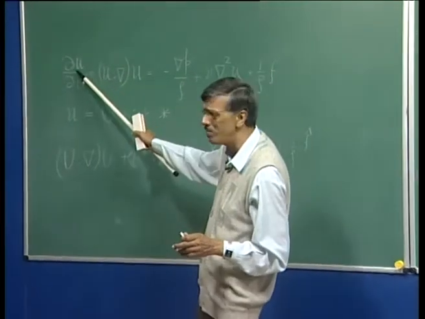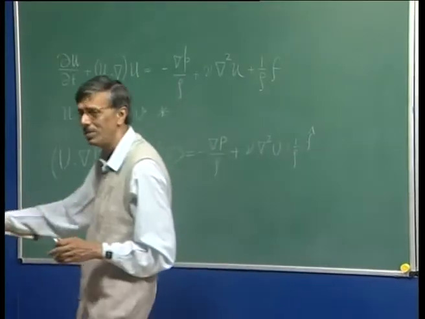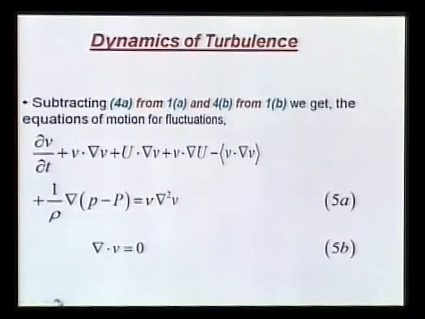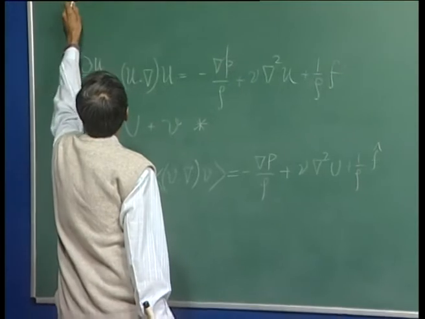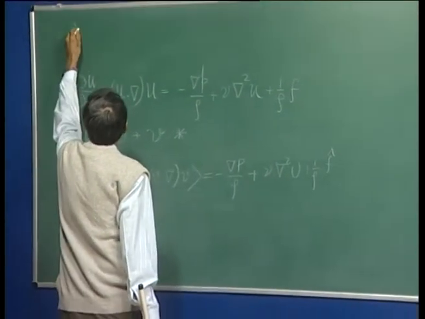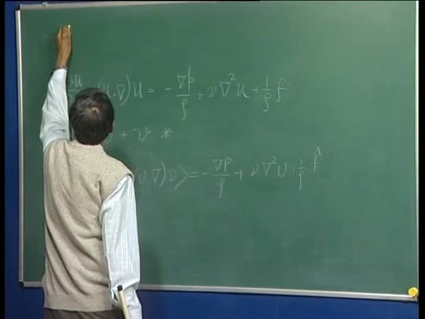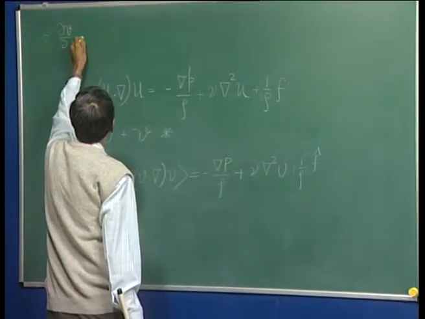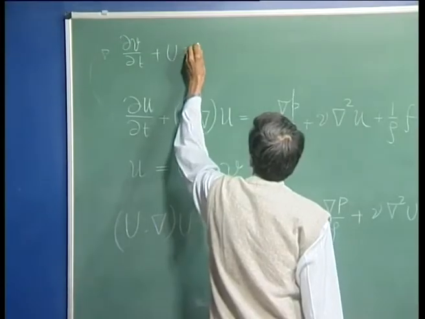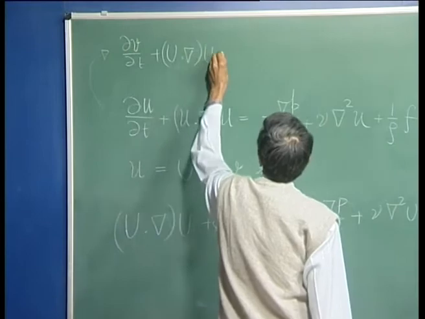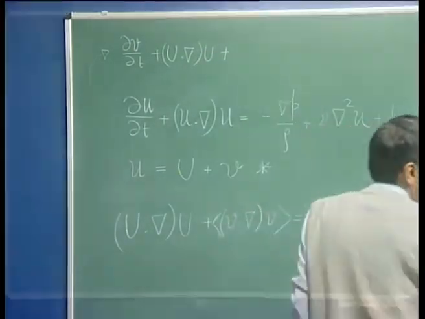Then what do I get from here? I will get this term del v del t. So, I will get the del v del t term. Now, if I write this equation here without doing any averaging, this is what we are going to get: del v del t, and from here, U dot del u plus, I have written those terms.